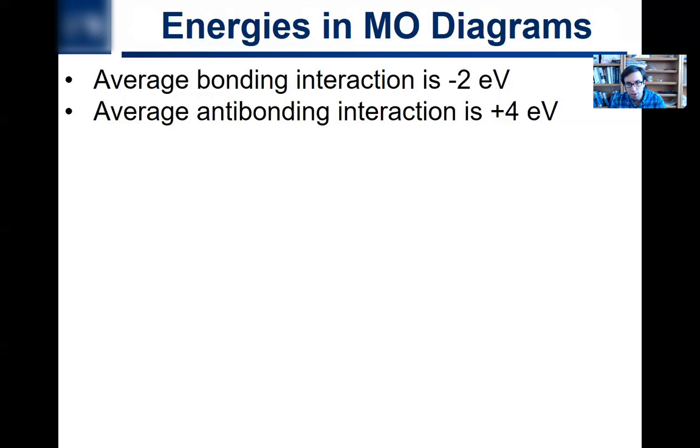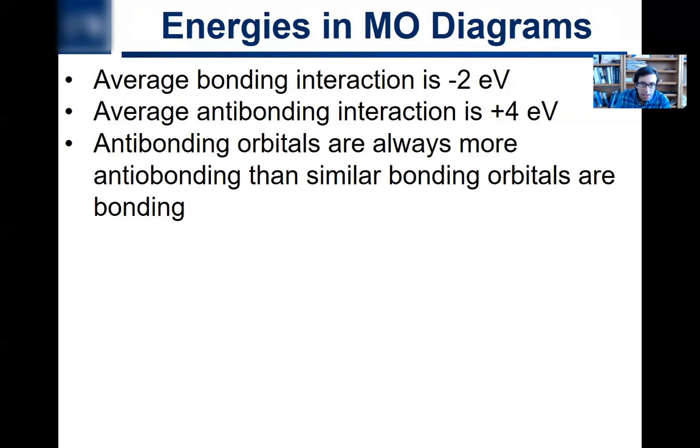This shouldn't surprise us that this number is higher. The magnitude of this number is higher than the magnitude of this number, right? Because we said anti-bonding interactions are always destabilized more than bonding interactions are stabilized. Otherwise, there'd be no incentive to make a bond.